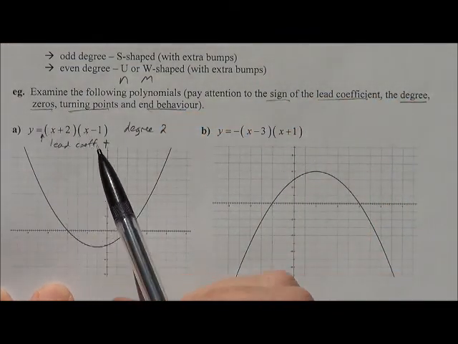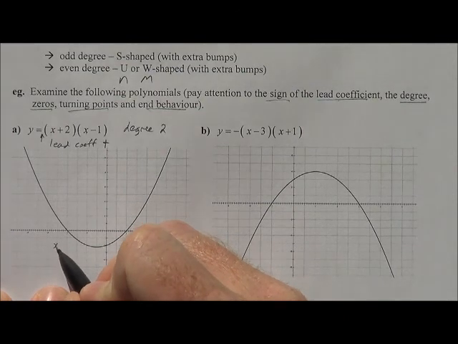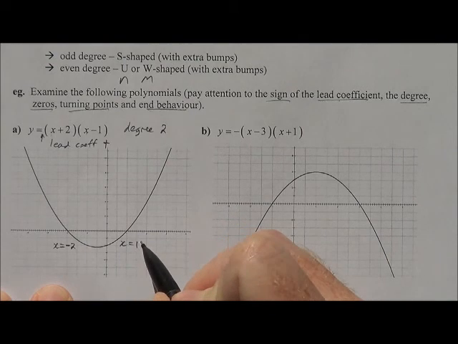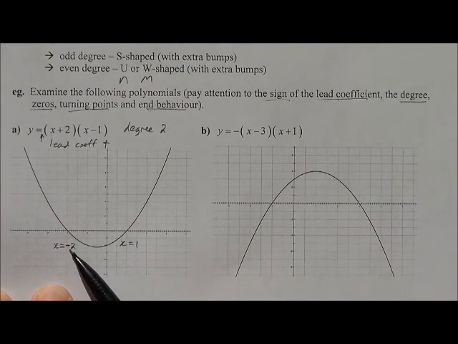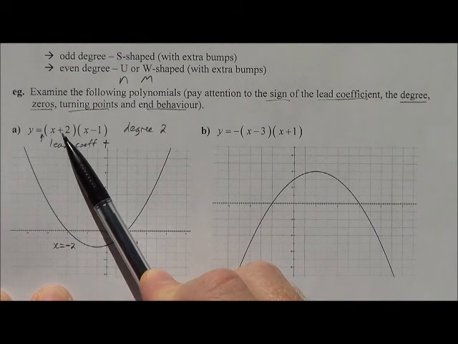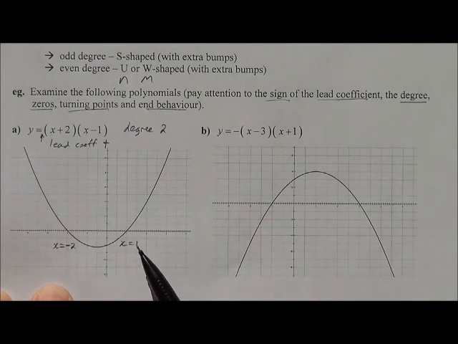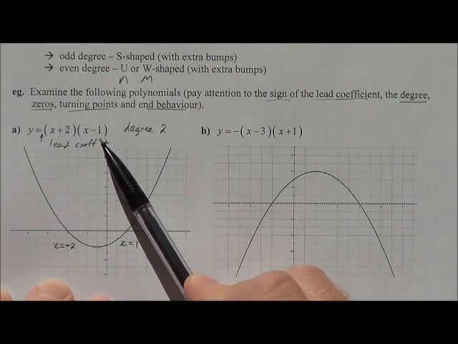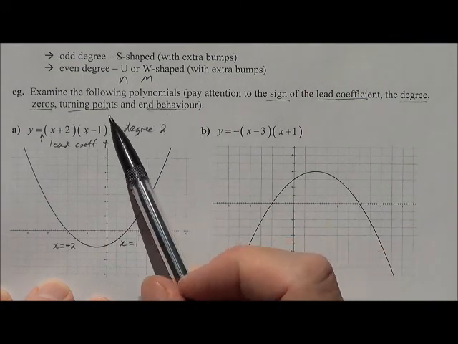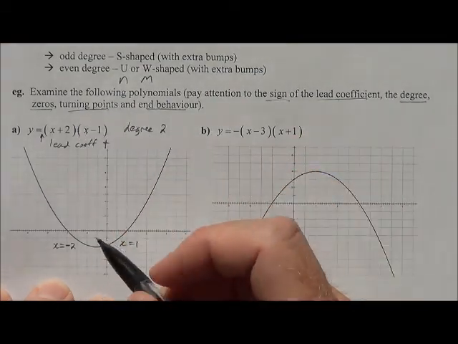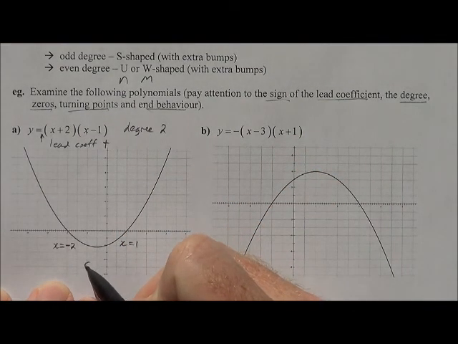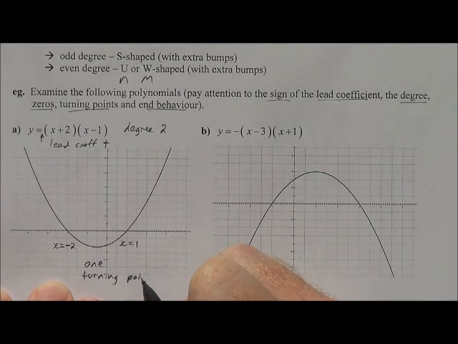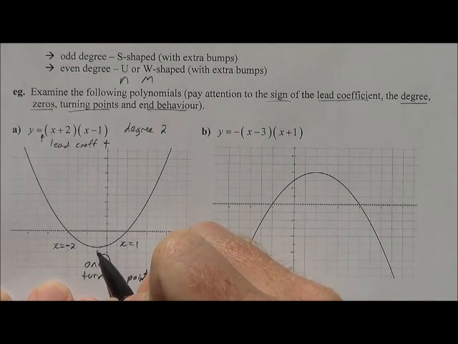Let's take a look at the zeros. We see there's one zero at x equals negative 2, and one zero at x equals positive 1. Notice how x equals negative 2 and the factor of x plus 2 compare, and the zero of x equals 1 and the factor x minus 1 also compare. Then the turning points. There's a turning point here, so there's one turning point, which is right there.